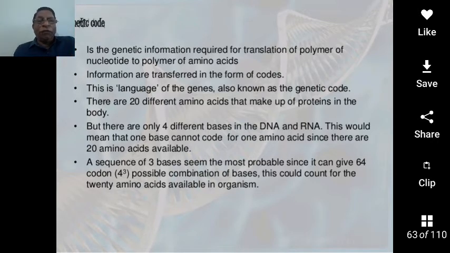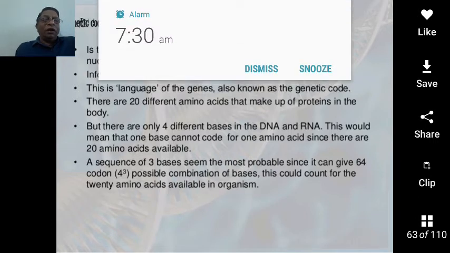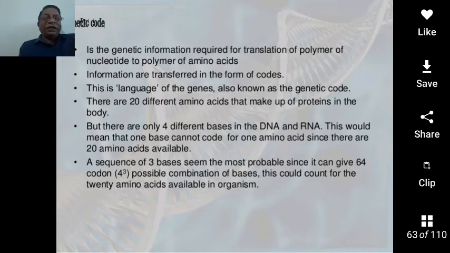There are 64 code words in genetic code. 20 amino acids are there. Among 64, 61 are sensible codons. How many? 61. It means 61 codons code for amino acids. The remaining 3, namely UGA, UAG, UAA, will not code for any amino acid.